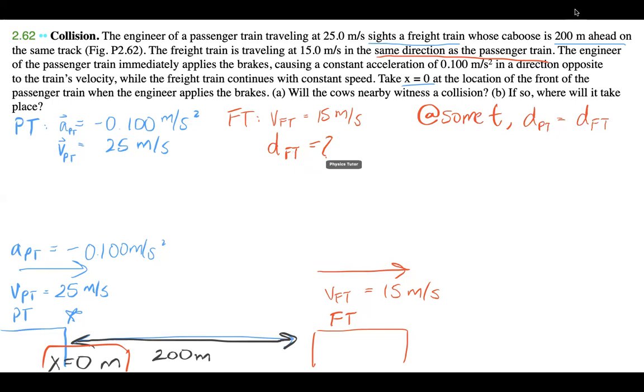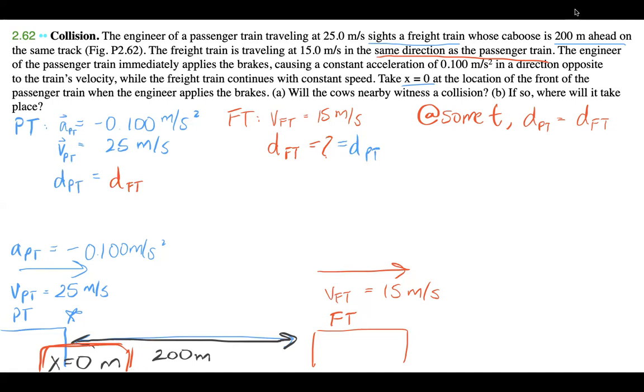But we know that that's going to be equal to d of passenger train. And then the d passenger train is going to be equal to the distance of where the freight train is, right? So after zero, of course, and that's why they gave us this x equals zero location.